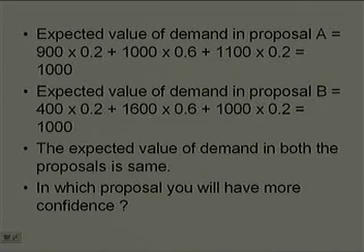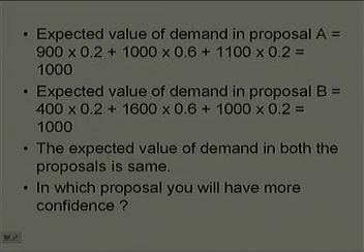So you understand how to calculate expected value. We have solved a number of examples, so there is no problem. Now in order to calculate the variance, you need to know your expected value. Now expected value in both the cases happens to be 1000.